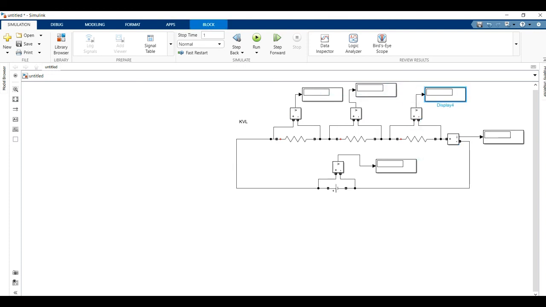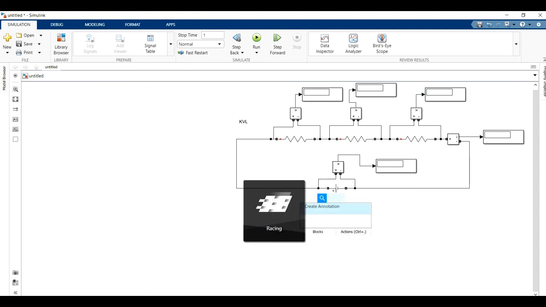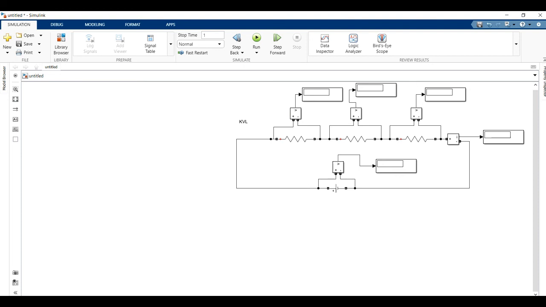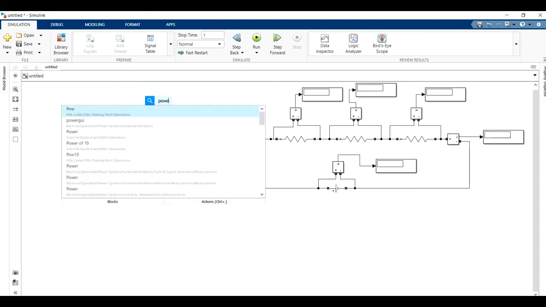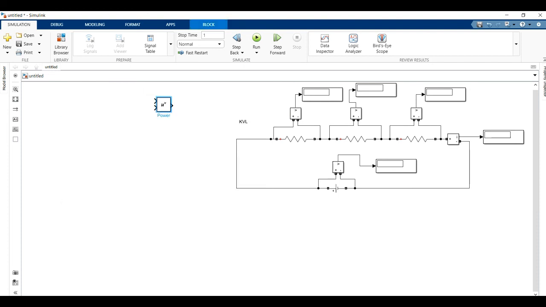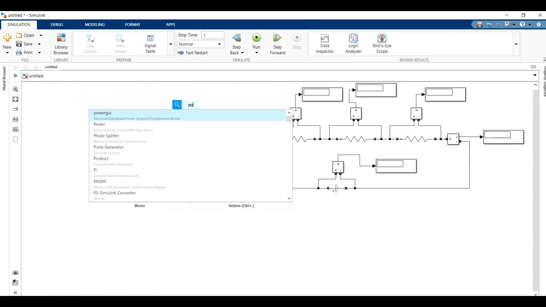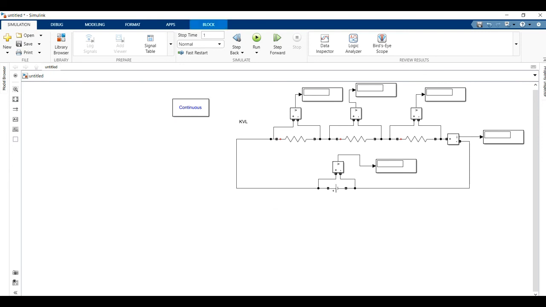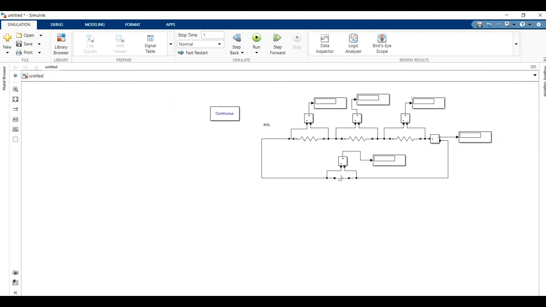Now in order to find the current and voltage across the circuit we need the powergui. So now double click and search for powergui. Now run the circuit.